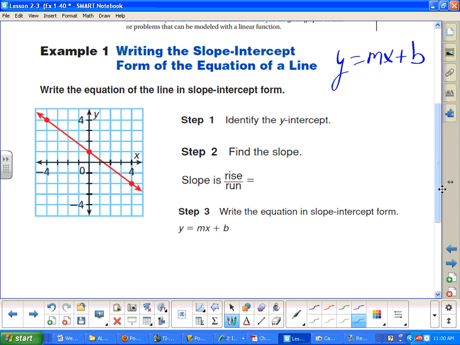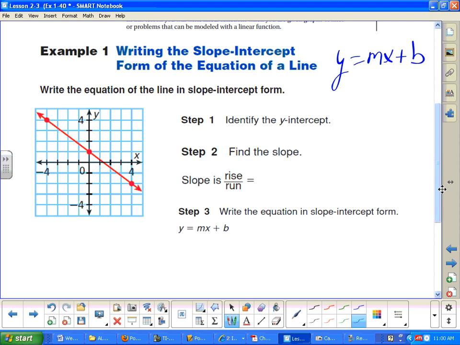Once I find that, that tells me my value of b. And then from there, we'll find the slope. To find the slope, we need to find rise over run. So we need to pick 2 points. And between those 2 points, how much does it go up? How much does it go over?